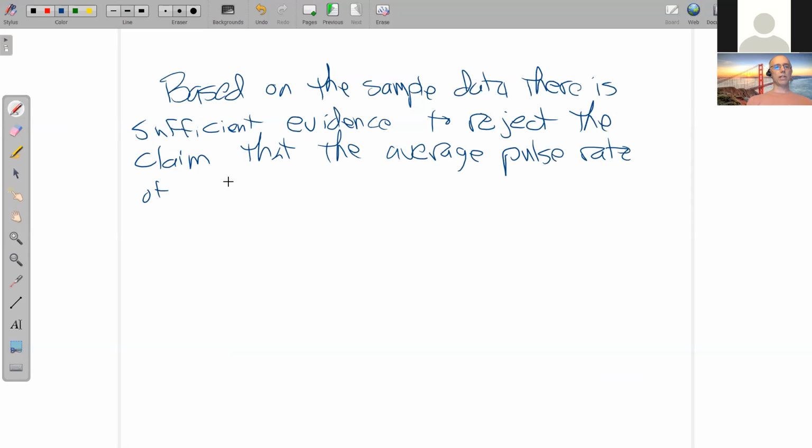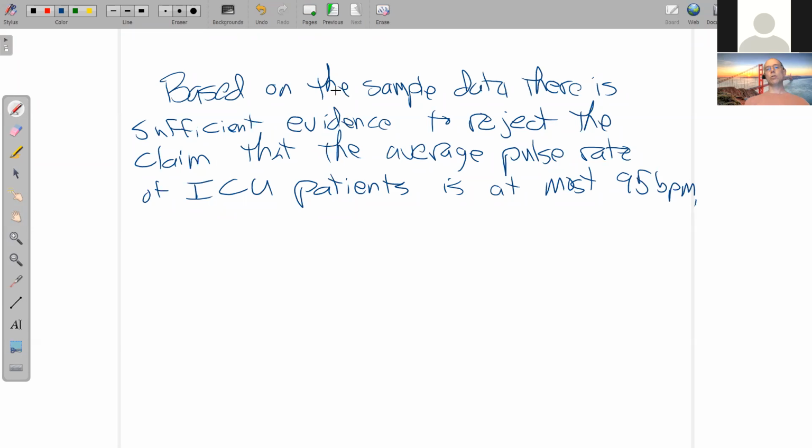or heart rate, I guess they said this time, same thing, pulse rate of ICU patients is at most 95 beats per minute. And since we are rejecting, I'm going to go ahead and say what we're accepting.